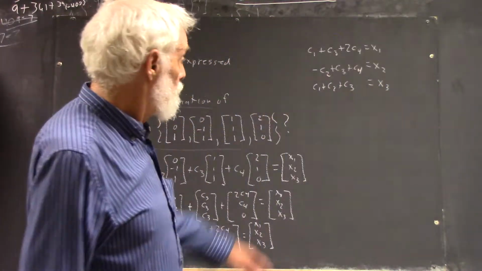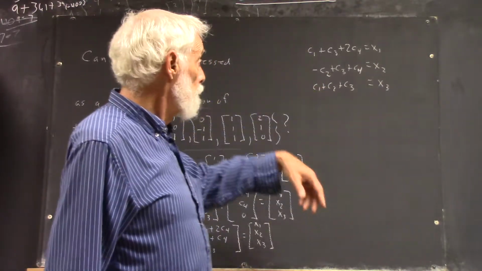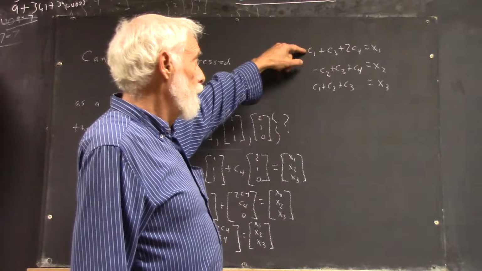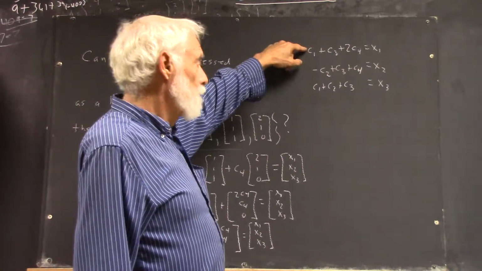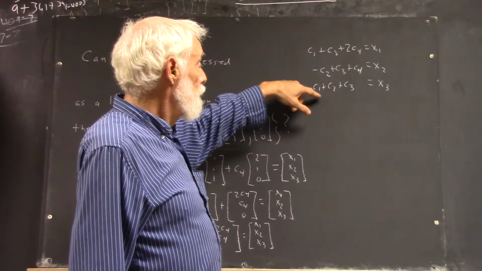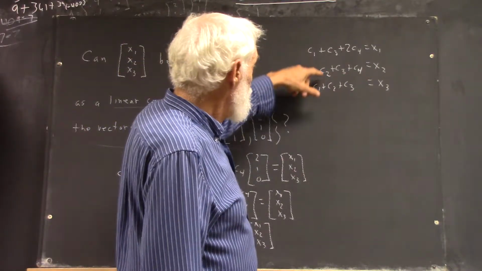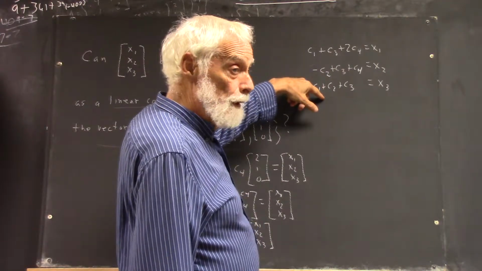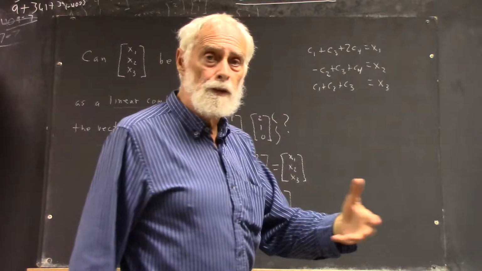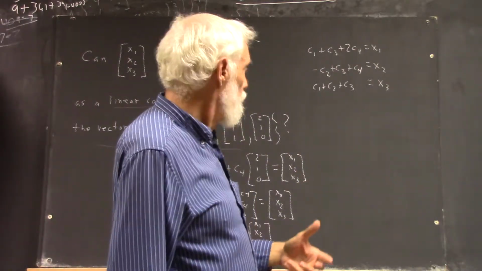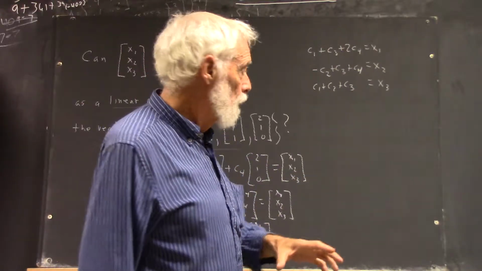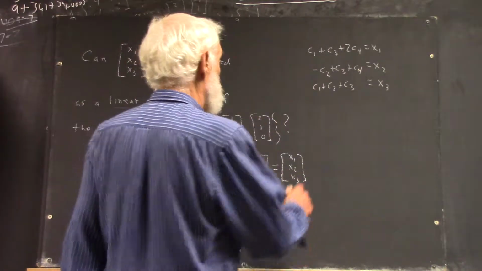Now at this stage we can start adding multiples of rows. We could add a negative multiple of this row, negative 1 times this row, to this row, and we'll eliminate C1. And then C2 will be fairly easy to eliminate, and so forth. But we're not actually going to do that, because I hope we're familiar with how row reduction of the augmented matrix is totally equivalent.